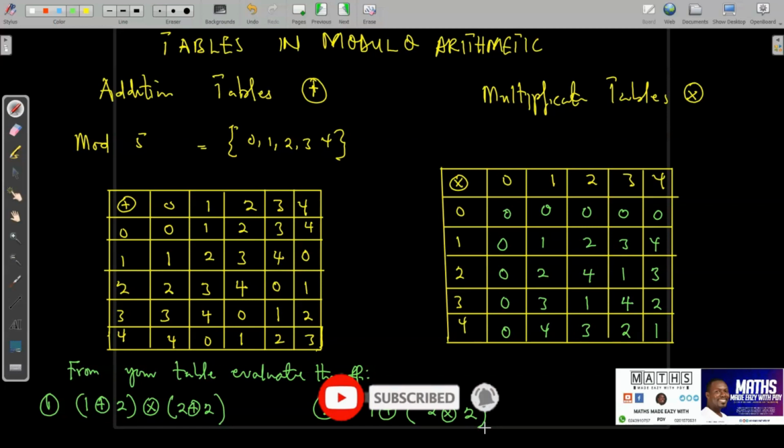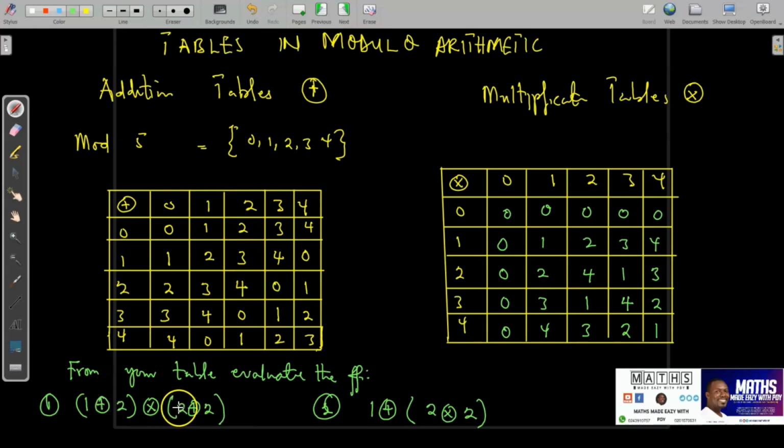From this, I'm going to another thing. So let's assume that we are to evaluate this question using our tables here. Now, from our table, 1 plus 2 gives us what? 3, right? So it means this bracket here, the answer is 3.